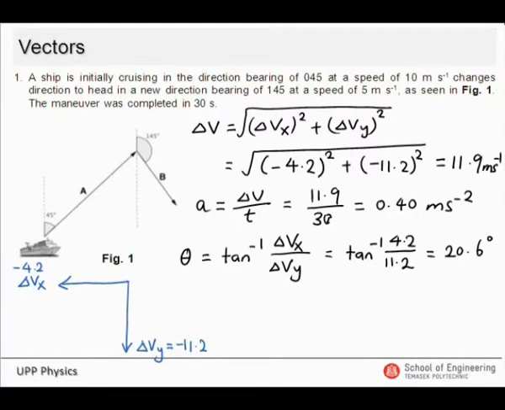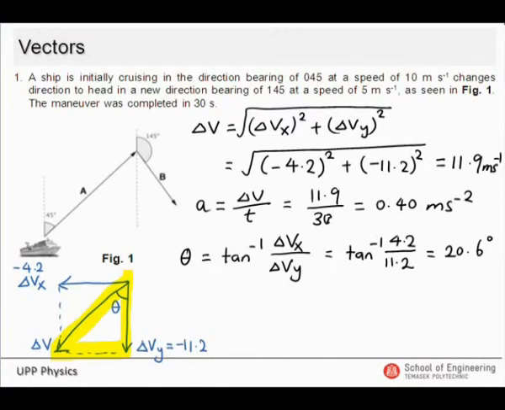So your resultant velocity is in this direction. This is your change in V. Now the angle we are finding, the theta, this 20.6, where is it? It is with respect to the vertical. This is the angle we are finding, theta. The triangle we are focusing on is this one.